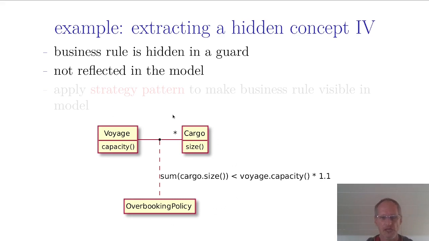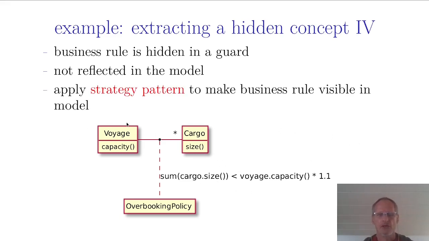So if we change the model to this version, then we are accounting for the fact that there is this overbooking policy in the domain, and that the overbooking policy brings in this constraint.